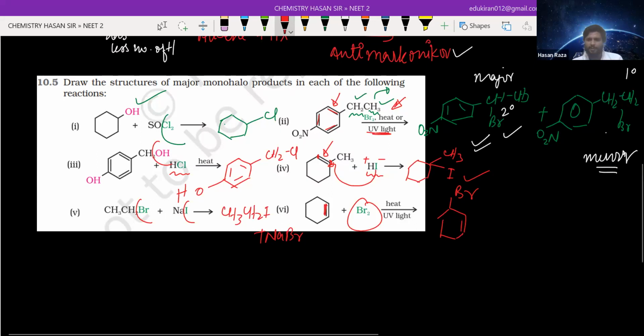So basically, we just started this chapter, and I'm going through only the NCERT today. Have you revised SN1, SN2? Yes or no?